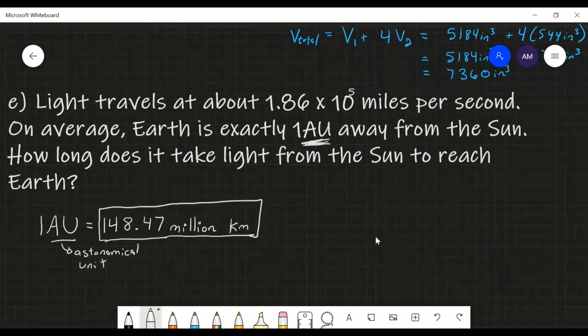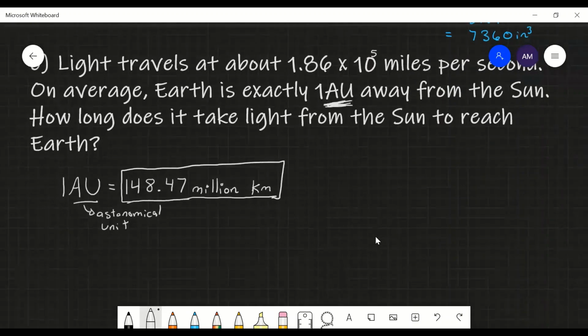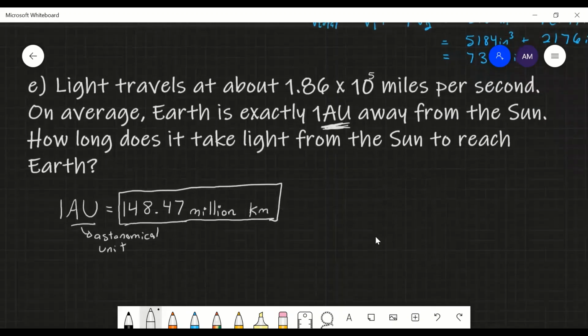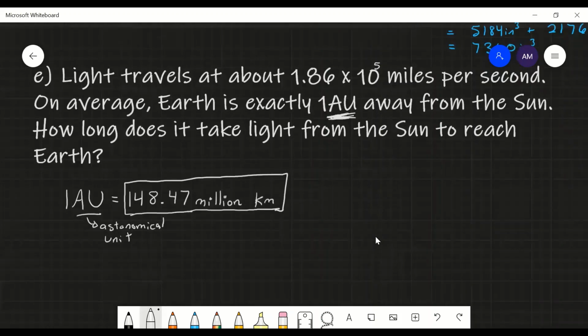And we're given the speed of light in miles per second. So our units are not exactly compatible. We'd have to either convert the miles to kilometers or convert the kilometers to miles. Before we decide which one to do, let's consider the conversion between miles and kilometers in general.